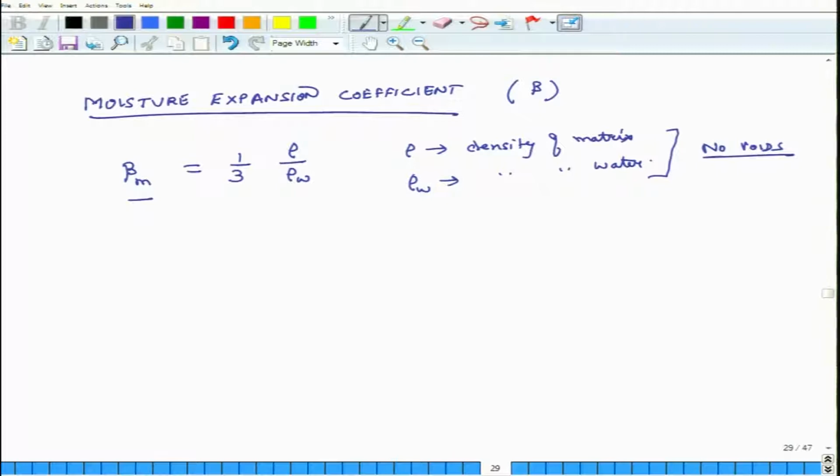For the composite, we say that beta L is equal to 0 in the longitudinal direction. Why? Because in the longitudinal direction you have fibers. When it tries to expand in the direction of fibers, fibers are very stiff and they do not let it expand significantly.